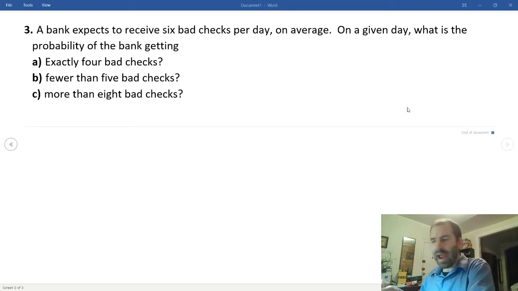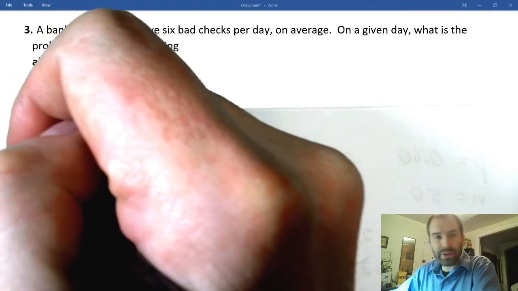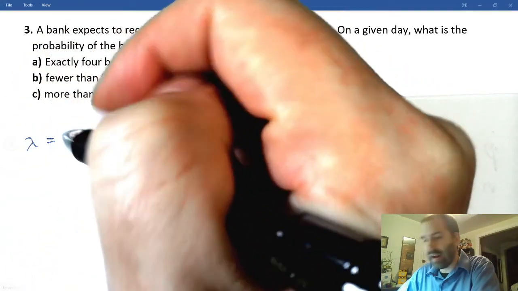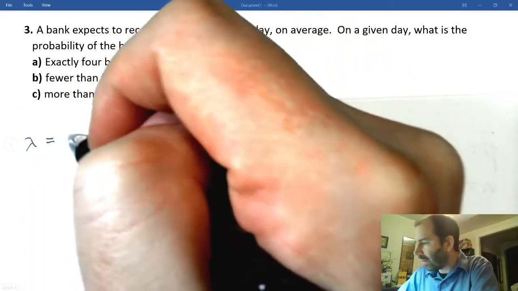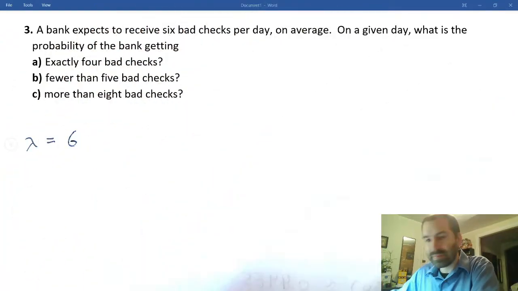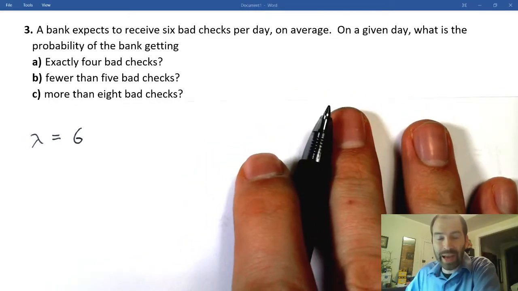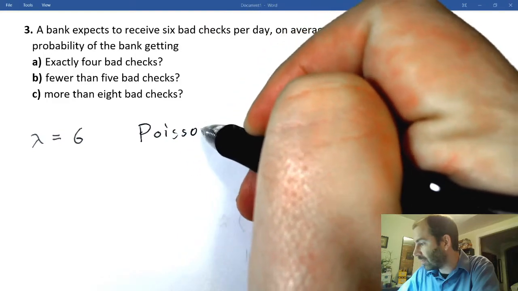When you're given the average number, for this distribution, I haven't told you what it is yet, they're going to use a lambda for the average, although you could write a mu, it doesn't matter. The average is 6. When you're given an average amount and you want to know the number that actually happens, you're using a Poisson distribution.